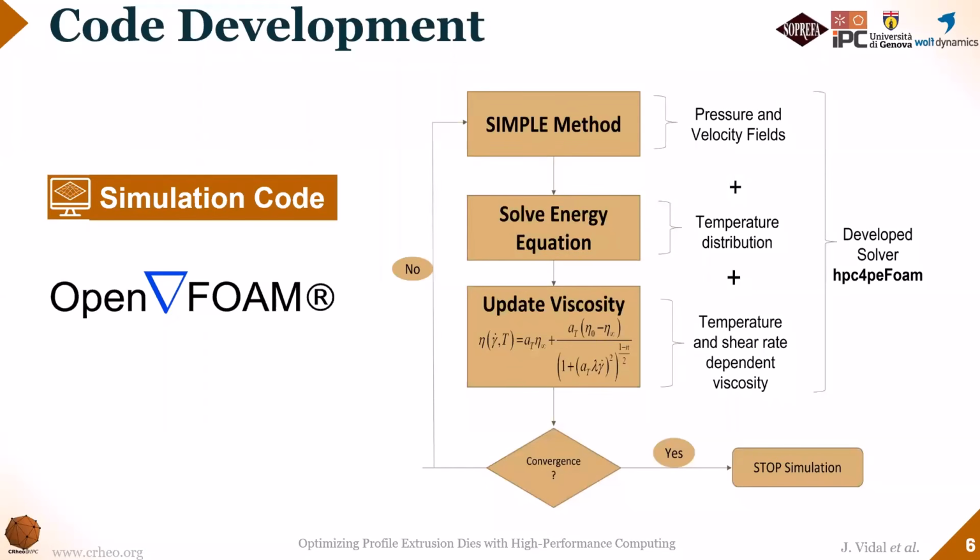So, in order to be able to model non-isothermal flows with proper viscosity models for polymers, we implemented a new solver, different from the ones available in OpenFOAM. It follows the SIMPLE method, and we coupled it with the energy equation and a model to compute the viscosity based on the temperature and the shear rate for the material.